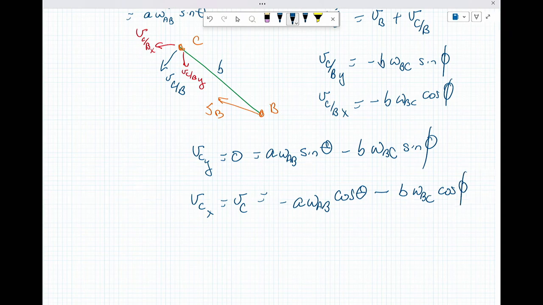And you'll end up with the same governing equations as you had before with the same velocities. And if you do that, you'll end up with the same numbers.